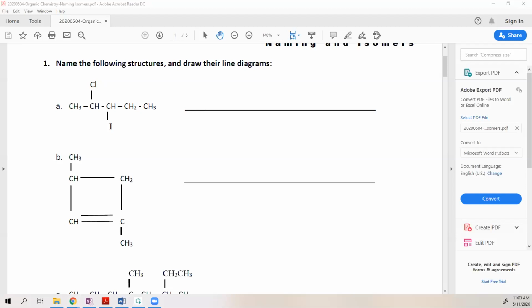So we're looking for names for this compound. Make sure that you find your longest chain. You want to think about which one of these is going to be our longest chain. And once you have your longest chain, you want to start to add on your parts.